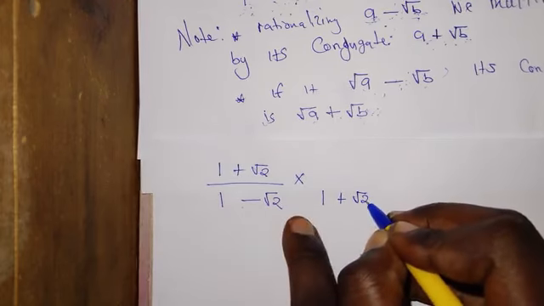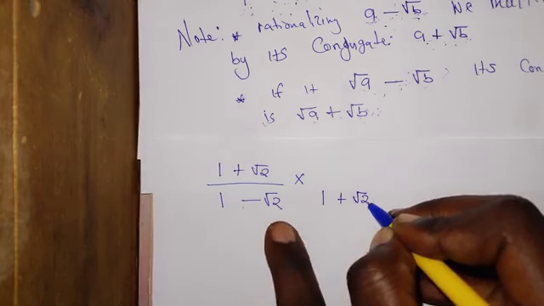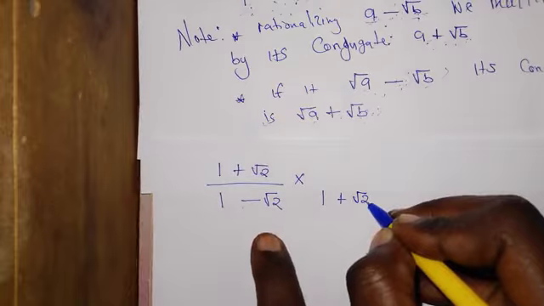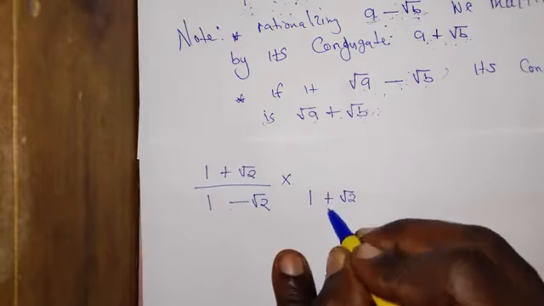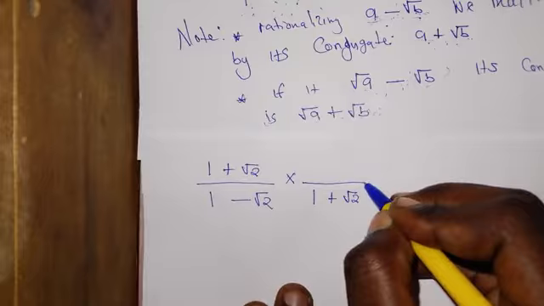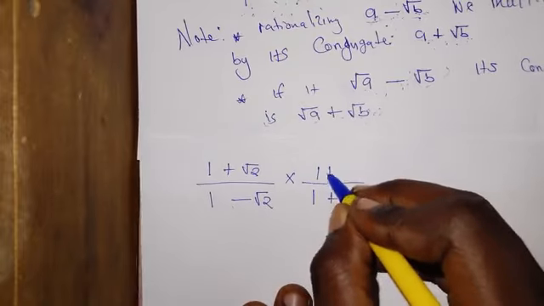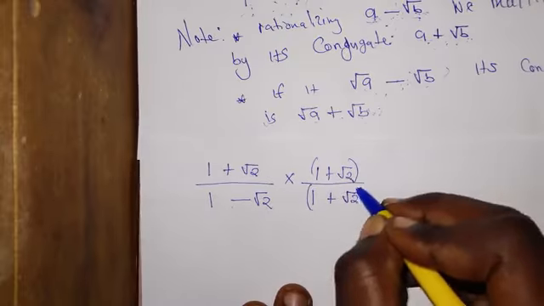The conjugate here is 1 plus root 2, which is the conjugate of 1 minus root 2. Whatsoever you do to the denominator, you also do to the numerator. So if you multiply the denominator by this guy, it means that even the numerator, you multiply by 1 plus root of 2.